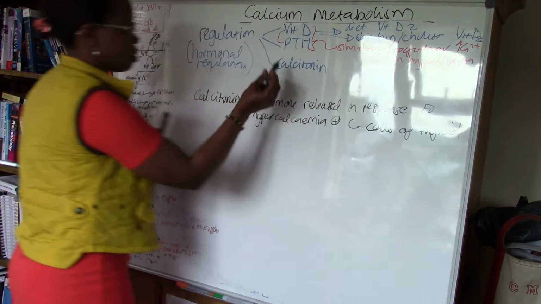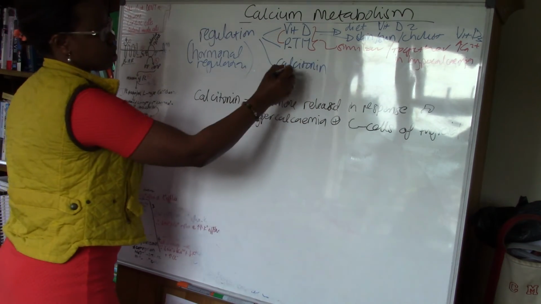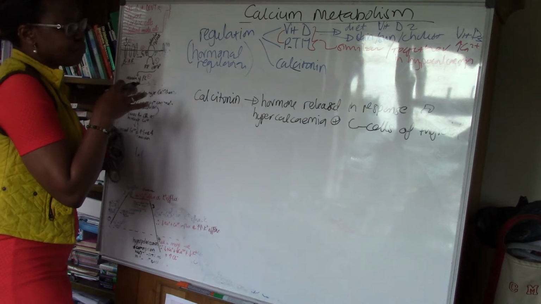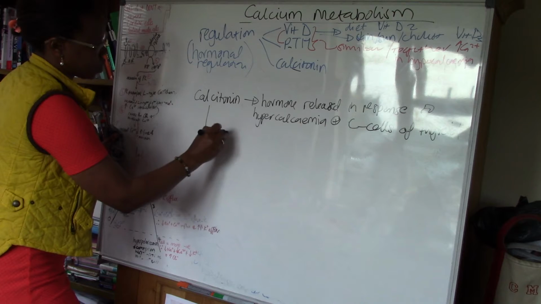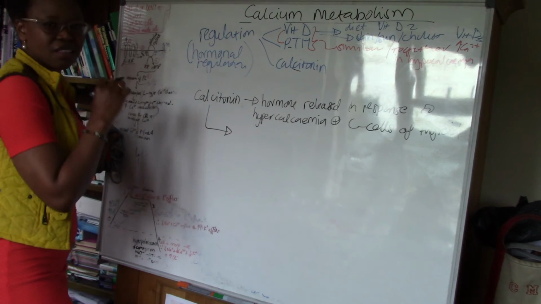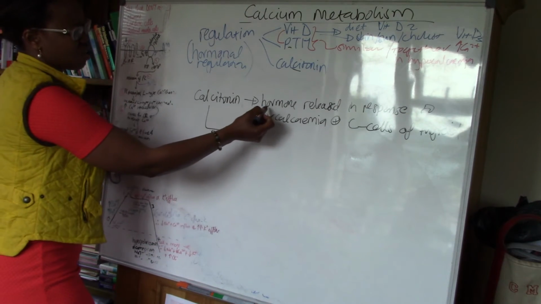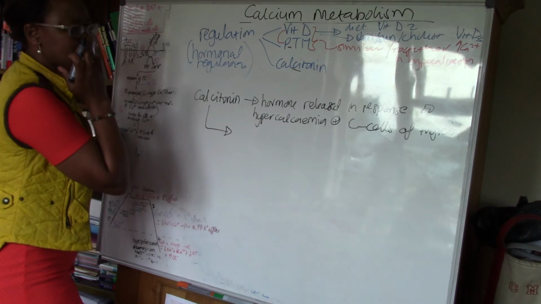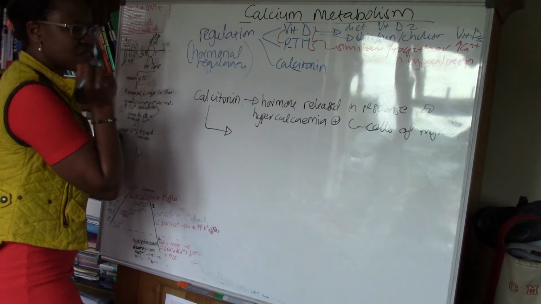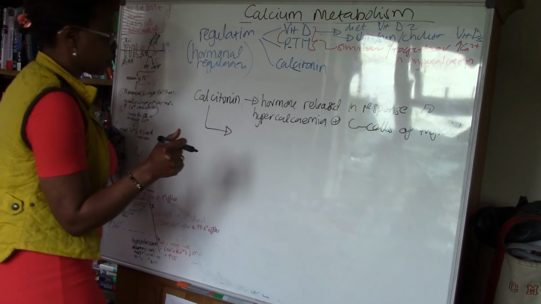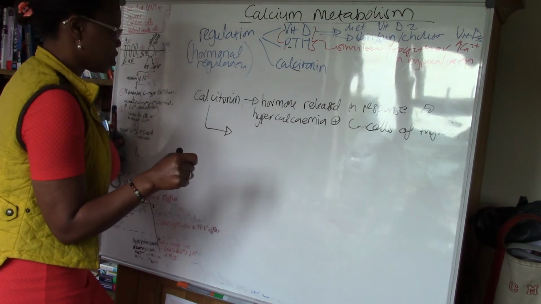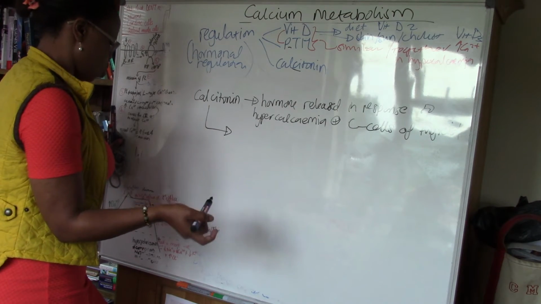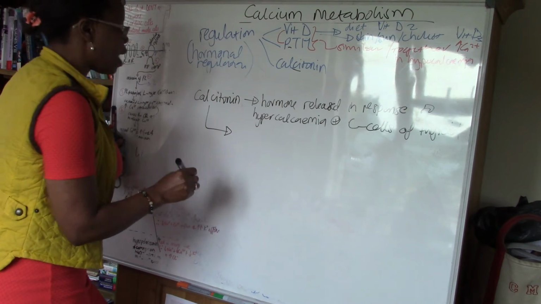So if you remember, the parathyroid hormone is from the parathyroid, and this is from the thyroid. It's actually quite a short peptide. I think it's 32 amino acids long, but don't quote me on that.